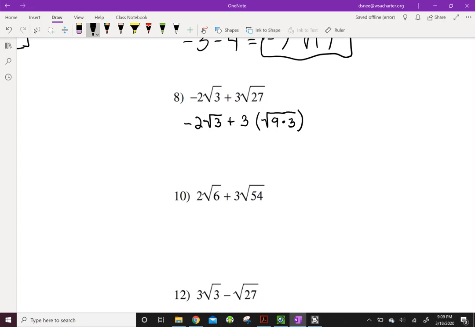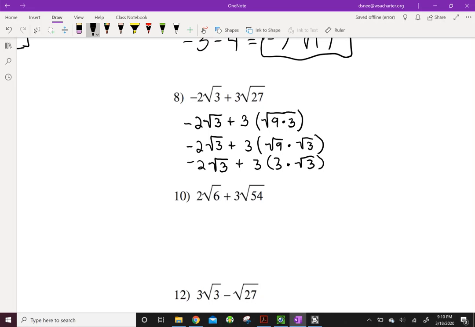All I did was 27 divided by 1, 27 divided by 4, 27 divided by 9. When I got to 9, 27 divided by 9 equals 3. And then I can rewrite it again, negative 2 root 3 plus 3 times square root of 9 times the square root of 3. And I know this is 3 root 3 times 3, and I still have my negative 2 root 3 over here.